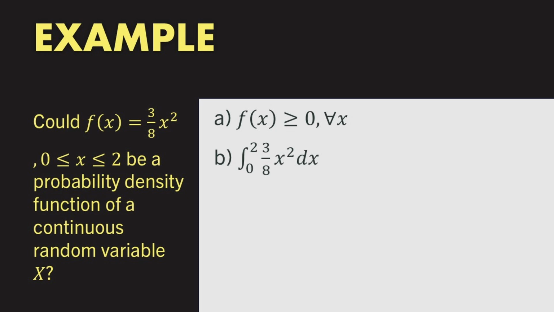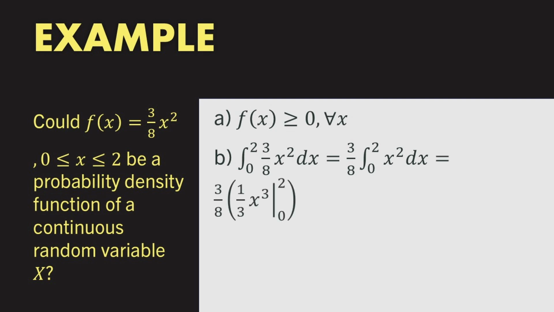And now we need to check that the area under the curve in its domain is 1. So I need to calculate the integral between 0 and 2 of 3 over 8 x squared dx. And here, let's do some calculations. First, let's take the 3/8 outside, and now we have the integral between 0 and 2 of x squared dx. The antiderivative of x squared is 1 over 3 times x to the power of 3, x cubed.